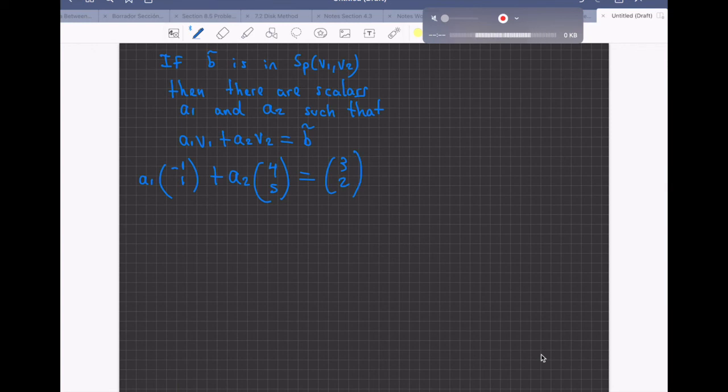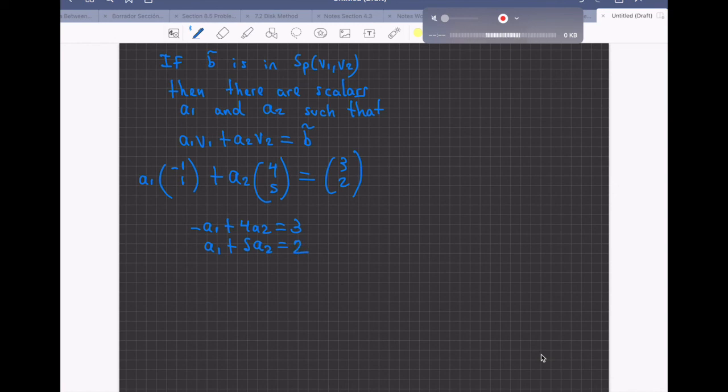And from the properties of vectors or matrices, multiplication, we have -A1 plus 4A2 must be equal to 3. A1 times -1, -A1, plus A2 times 4, 4A2, equal to 3. You see the first elements. This is only from properties for matrices, multiplication and sum. And then A1 times 1 is A1, plus 5A2 should be equal to 2.